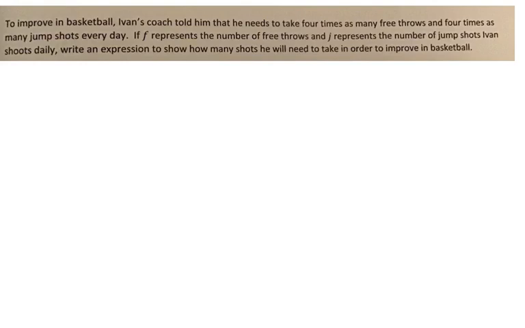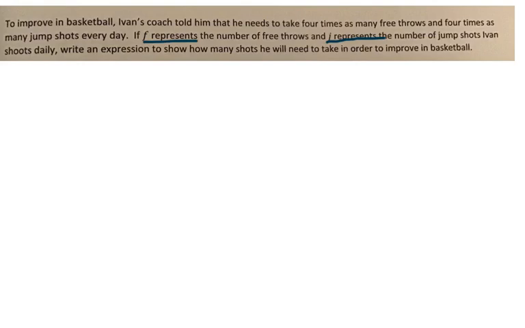And our last story problem is, to improve in basketball, Ivan's coach told him that he needs to take 4 times as many free throws and 4 times as many jump shots every day. If F represents the number of free throws and J represents the number of jump shots Ivan shoots daily, write an expression to show how many shots he will need to take in order to improve in basketball.